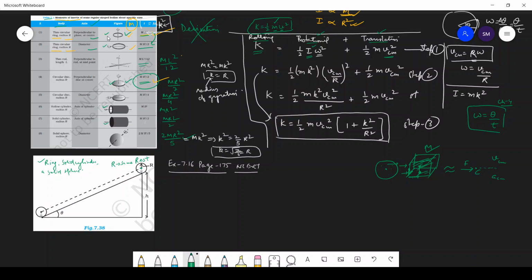In figure A, the moment of inertia for the ring is mr square. For the solid cylinder, the moment of inertia is mr square by 2.